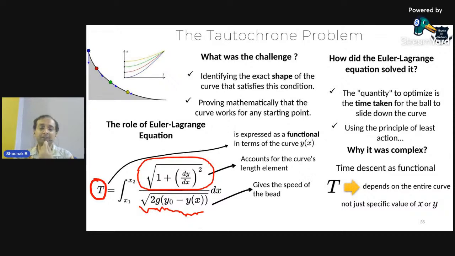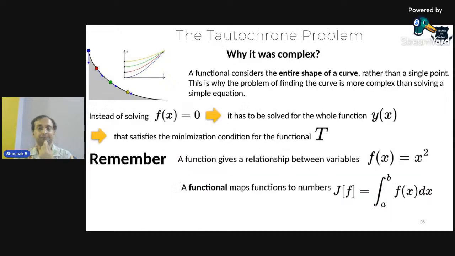Using the principle of least action, the Euler-Lagrange equation derives the condition that the shape of the curve must satisfy for the time to remain minimal. The equation was applied to the motion of a ball under gravity, taking into account the relationship between position, speed, and time. So as you can see here, I have mentioned the time of descent as a functional.